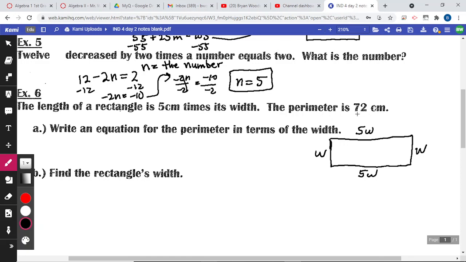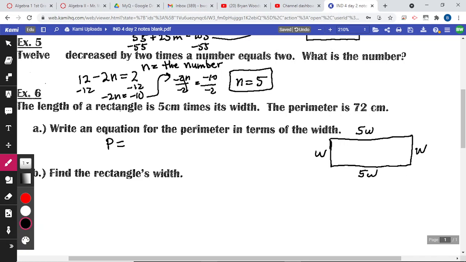We're told the perimeter is 72, but for A, all we want is an equation for the perimeter in terms of width. Generic perimeter, it's not necessarily 72 in this question, just whatever it is. So we write P, and then we want that in terms of width, and we can do that because we just count all these W's as we go around.